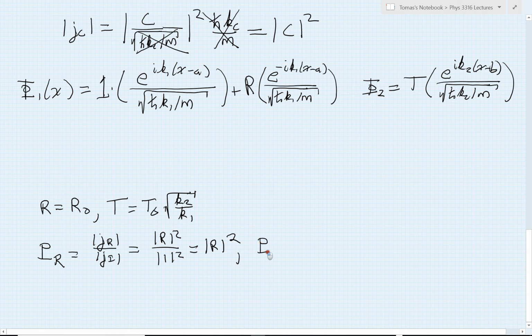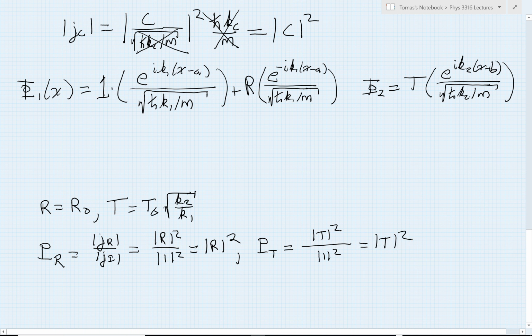Similarly, the transmitted component will be the transmitted current over the incoming current. The transmitted current is also written with my more convenient normalization convention, so that will be the magnitude of t squared on top. The incoming current, again, is just the modulus of 1 squared, so this will equal the modulus of t squared.